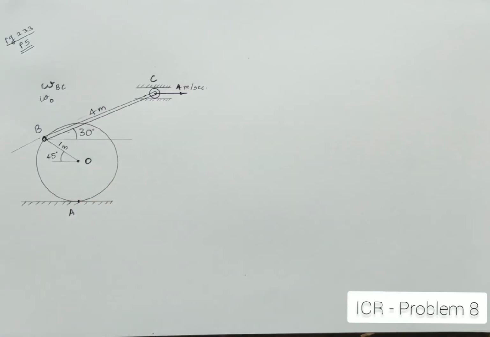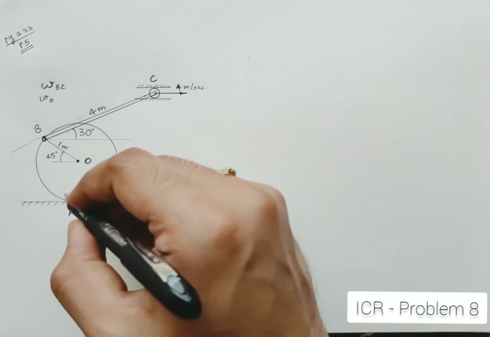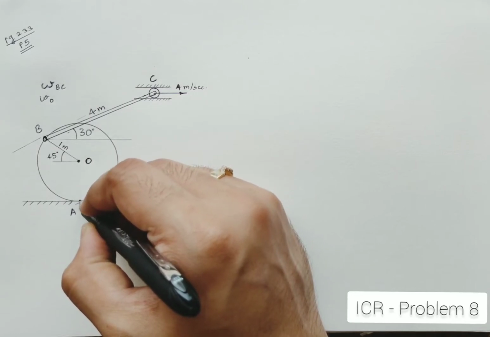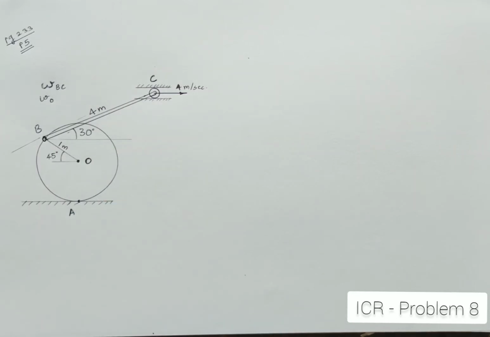So this point B will also have a velocity with respect to this roller. So where is the ICR for this roller located if it is rolling without slipping? Exactly, it should be located at a point which is in contact with the horizontal surface where it is rolling.